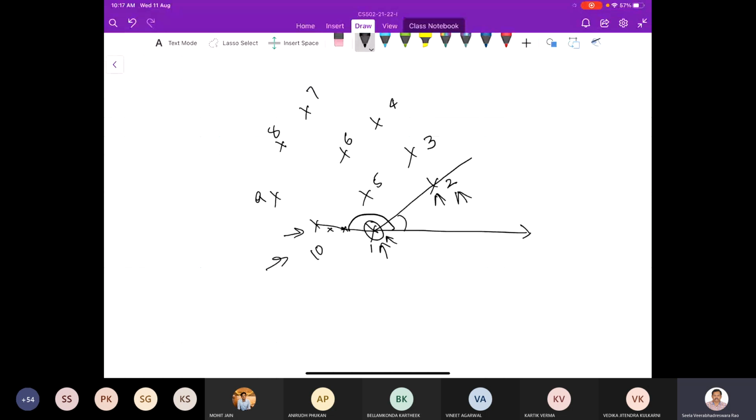Similarly, while sorting by angular order, if more than one point makes the same angle, you take these distances and take the furthest point here and remove the others from the sorted order, or you can sort them by distance from this point as a secondary key. So in both cases, it works.